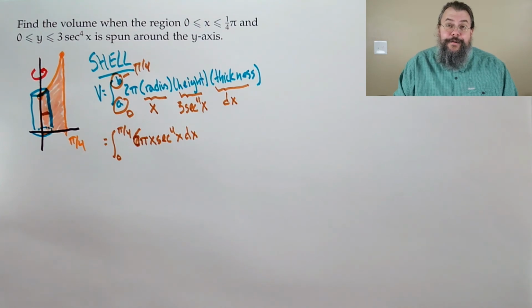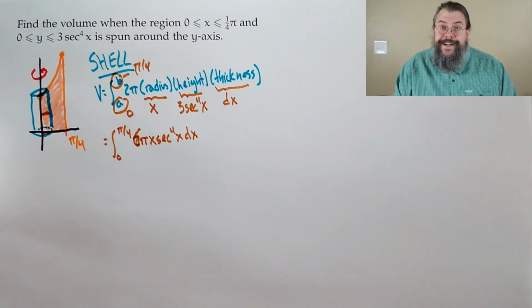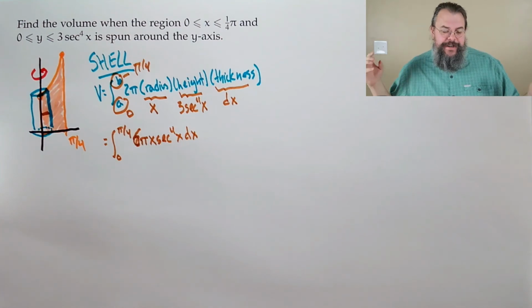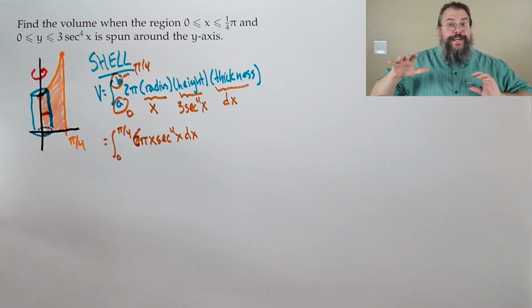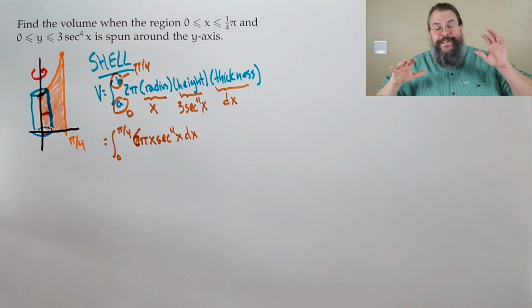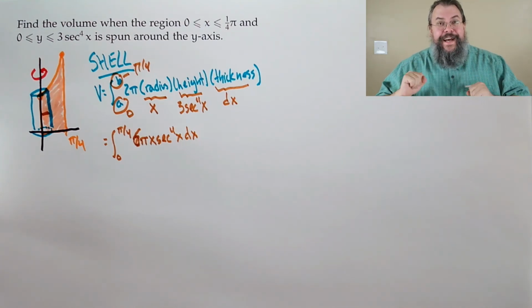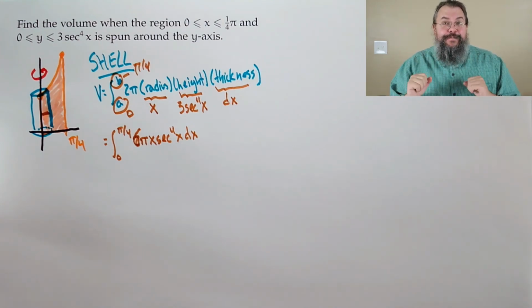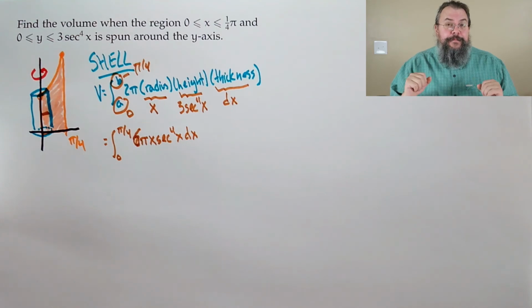All right, what do we see? When we look at this, there's some trig, there's that secant, and then there's some algebra, there's the x. They're not really that compatible, so we want to do something.